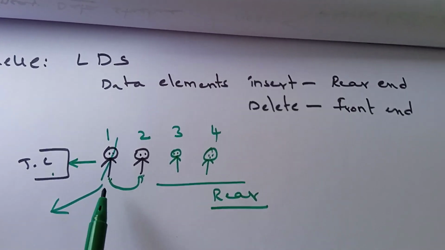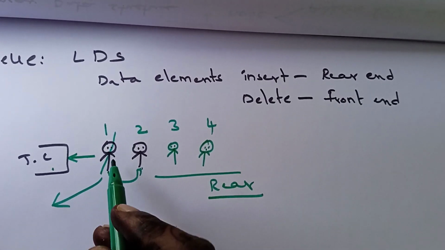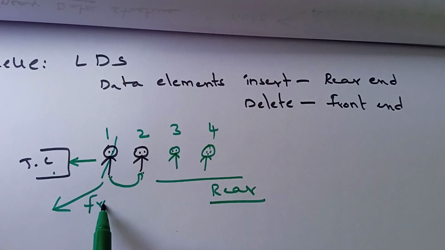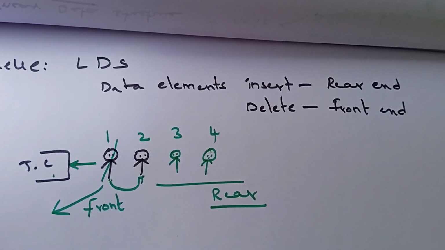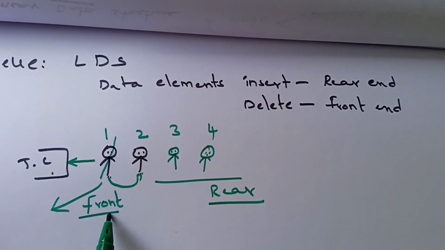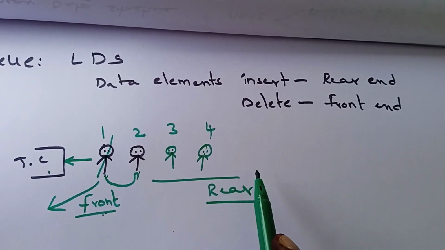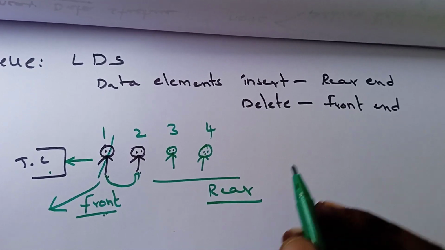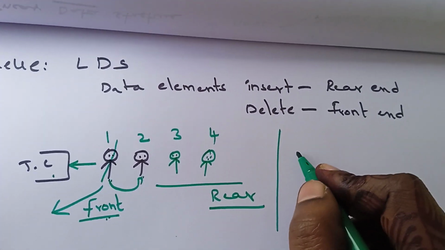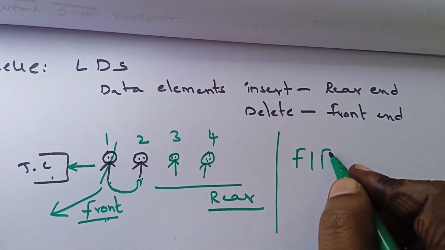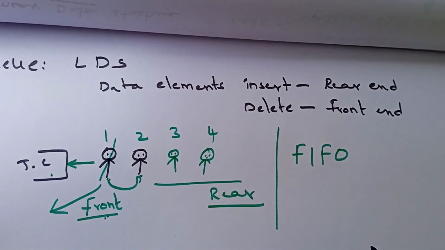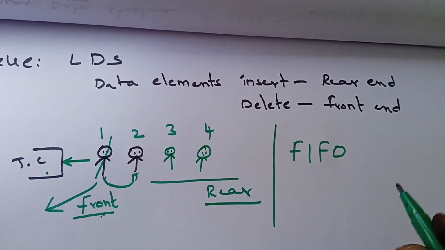So deletions will basically be done from this end, which is called the front. Front is the place where we can delete the elements. Rear is the place where we can insert the elements. So a queue follows first in, first out.